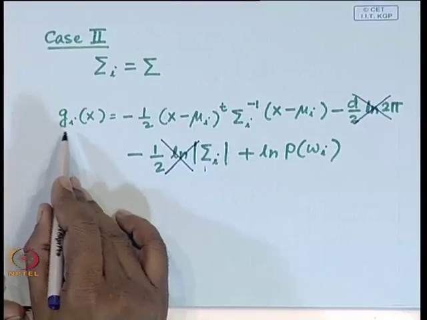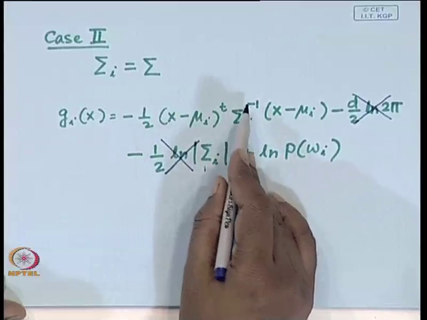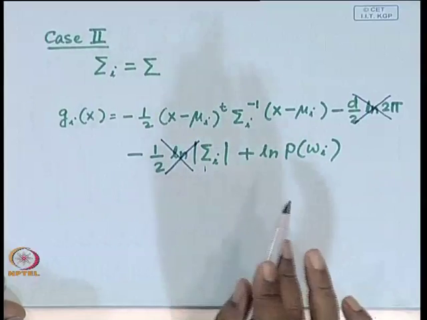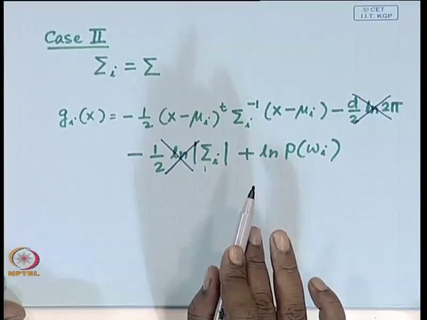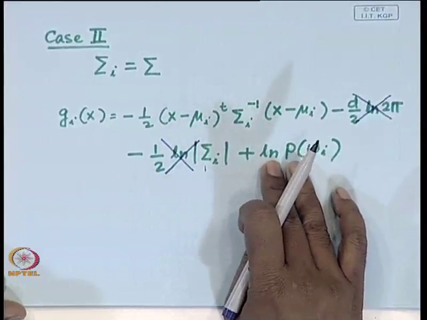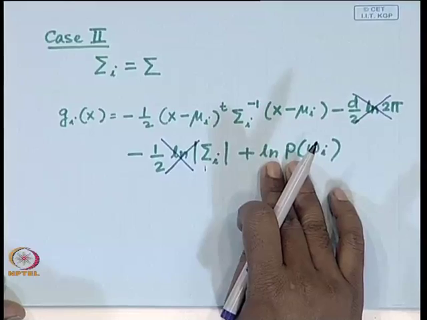So, we are left with g_i(x) = -1/2 (x - mu_i)^T Sigma_i^-1 (x - mu_i) + log P(omega_i), as before. Here again, if this log P(omega_i) term becomes irrelevant, that is, if all the classes are equally probable, then my discriminant function simply is g_i(x) = -1/2 (x - mu_i)^T Sigma_i^-1 (x - mu_i).